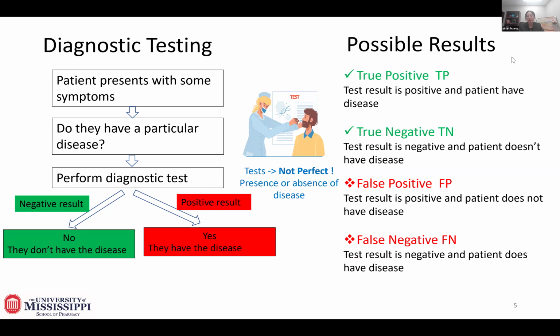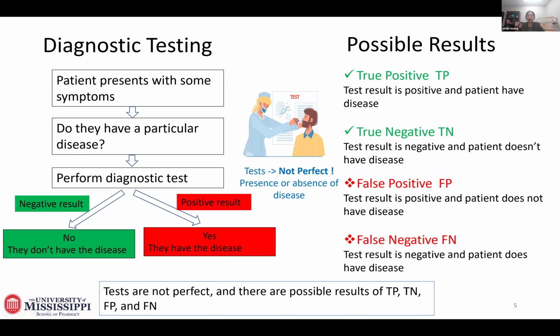Because even if the patients have positive diagnostic results, the patient may not have the disease. This is the false positive, right? If the test result is negative, but the patient may still have the disease, this is called false negative.